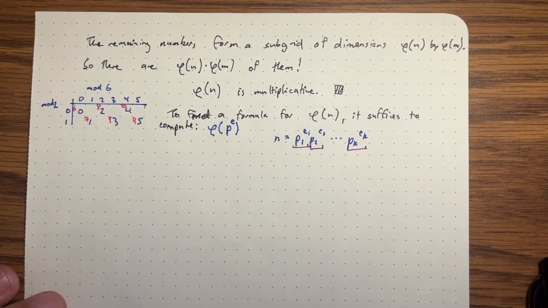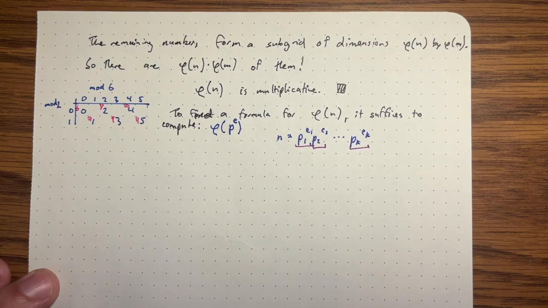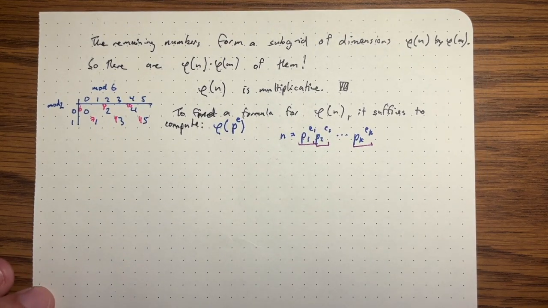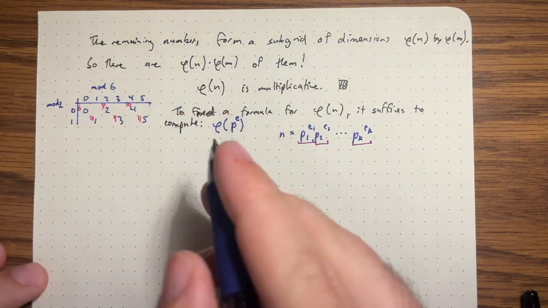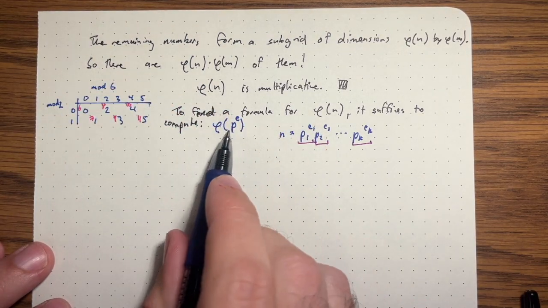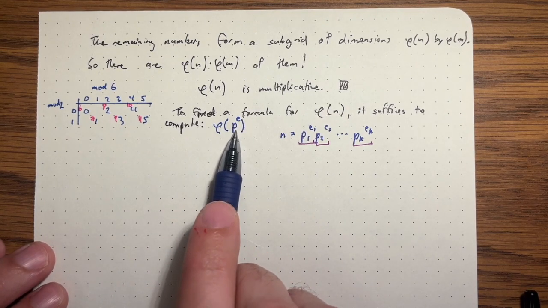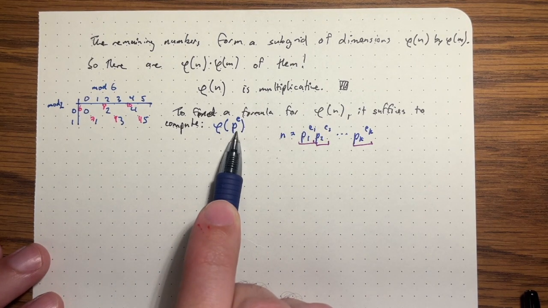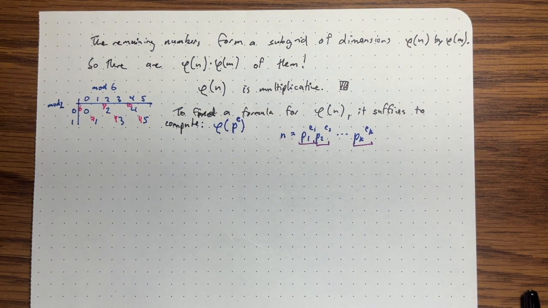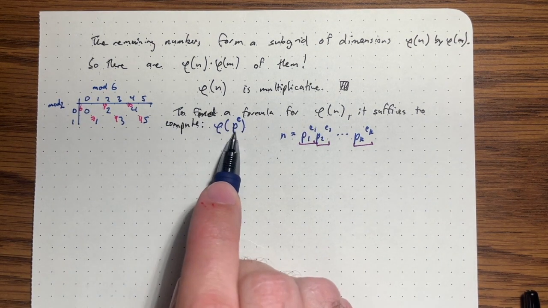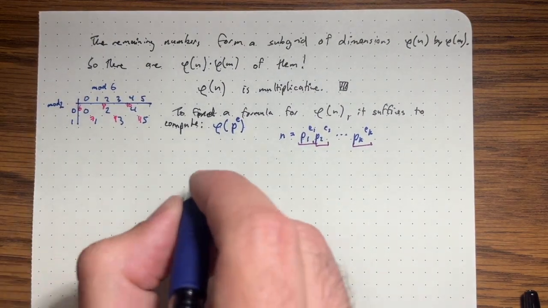So that's our next goal. Let's figure out how to compute phi of a prime power. And luckily, that's not too hard. And the reason is, let's do the opposite. If we have something that shares a factor with p to the e, well, by unique factorization, it better be p, right? Has to share a factor of p.